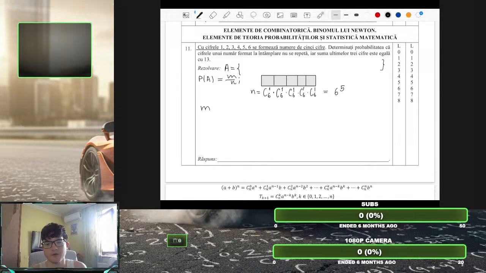And next up, for the last three, our sum must be 13. So that's the harder part. Well, basically right here, it can either be, well, I don't really know which ones.